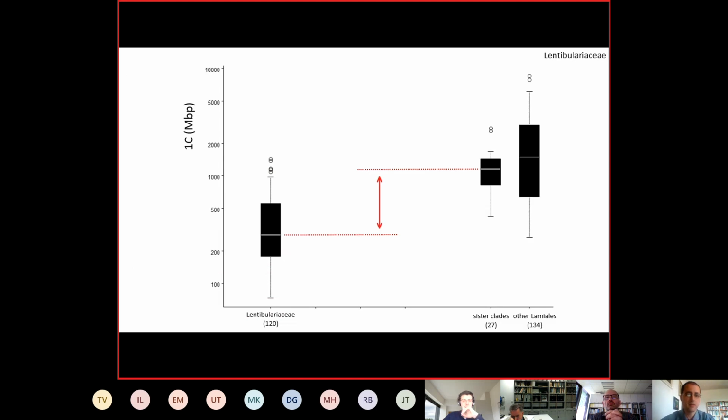When we compare genomes of Lentibulariaceae with their sister clades or some other clades in Lamiales, we can see that Lentibulariaceae are quite clearly smaller. What's the reason? It could be either the nutrient limitation, which causes the genomes to be kept small, or it can be the mutation in COX enzyme, which has been described in some species of this family.